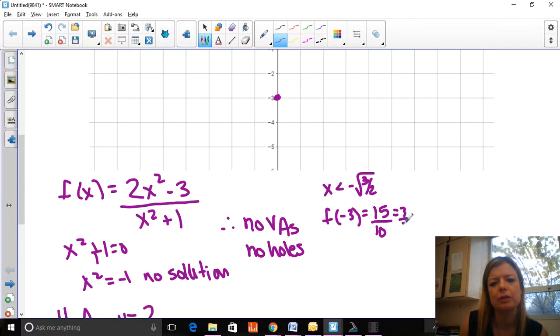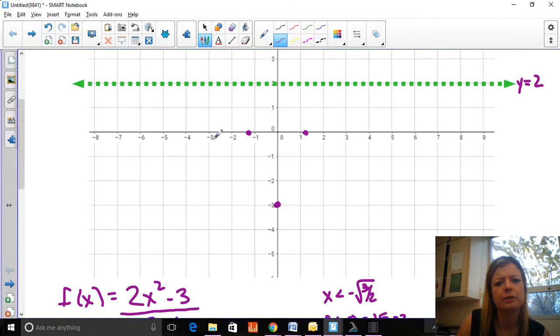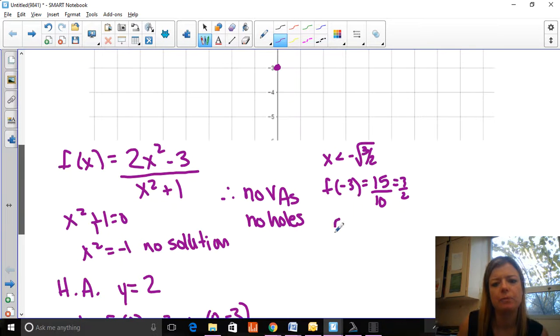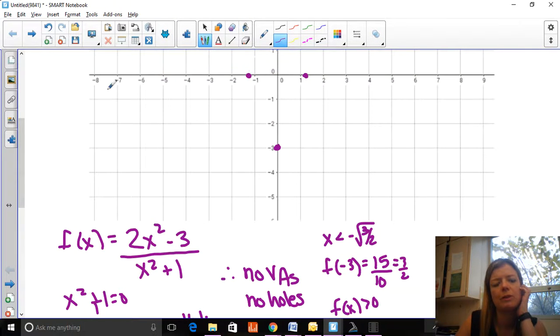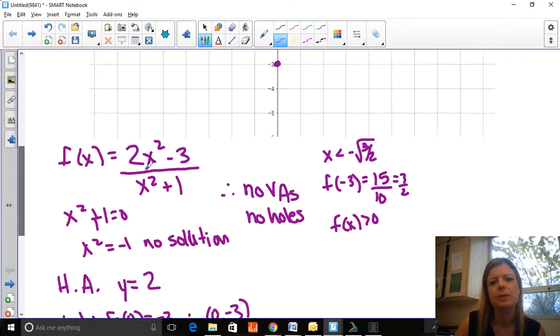So 15 over 10, so that's 3 over 2. So I have the point (-3, 3/2), 1.5. So that's confirming my suspicions there. So therefore the function is positive in this section. So everywhere from this 0 over, the function is positive.